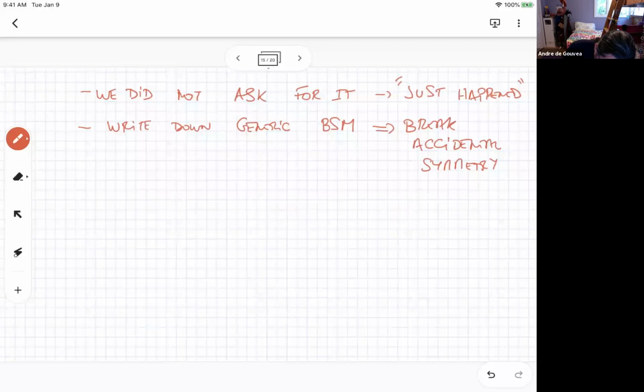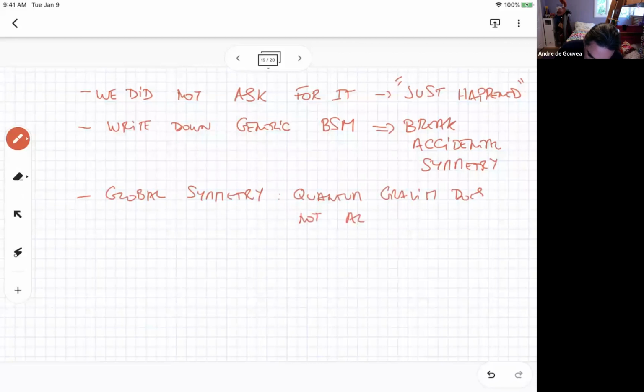And the final comment I want to make is just a weird comment, which is that this is a global symmetry. And if you have string theory friends, they don't like global symmetries. They will tell you that quantum gravity does not like, or does not allow, global symmetries.